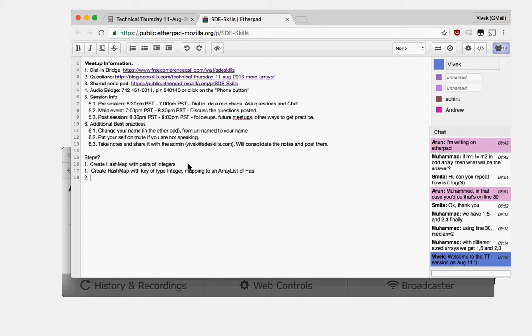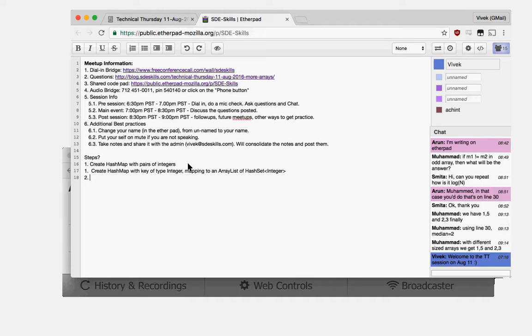So anybody else with a question around this approach? Or we can just wait and watch and see, make sure that we get it right. The key is integer, which essentially represents the sum of the pairs of integers. And the value is interesting. I see that you're using an array list of a hash set of integers.